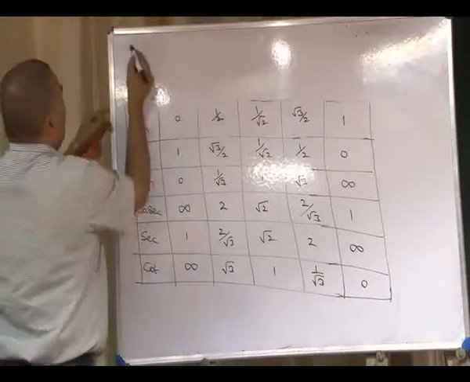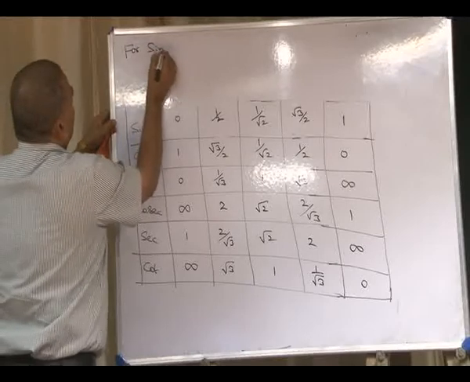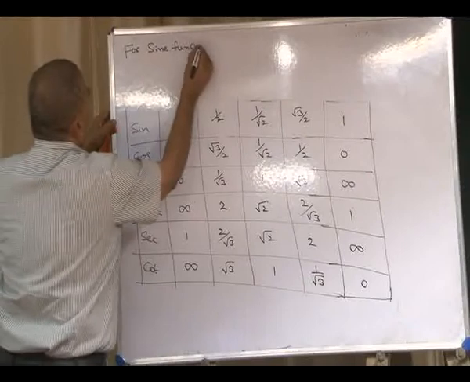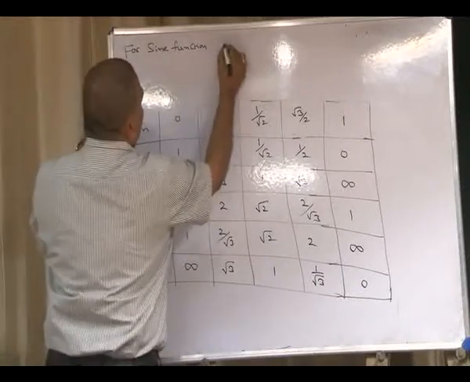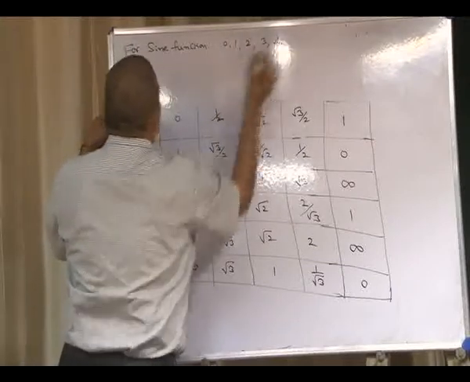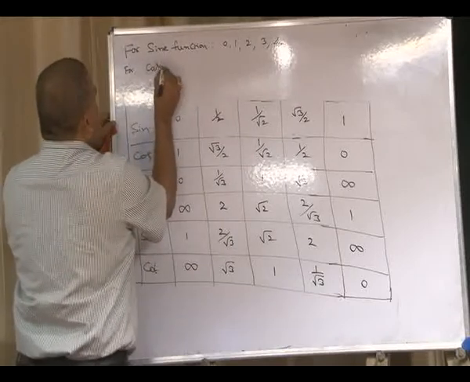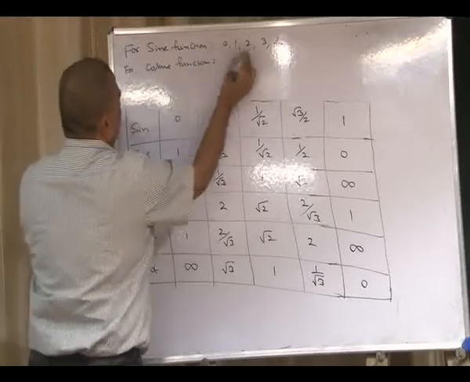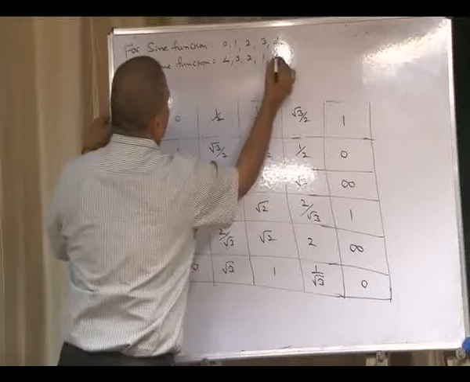For the sine function, that is 0, 1, 2, 3, 4. For the cosine function, in the reverse order, 4, 3, 2, 1, 0.